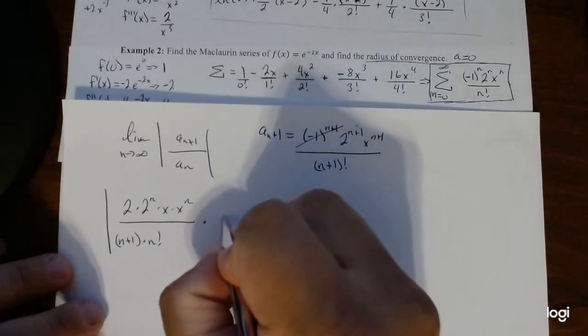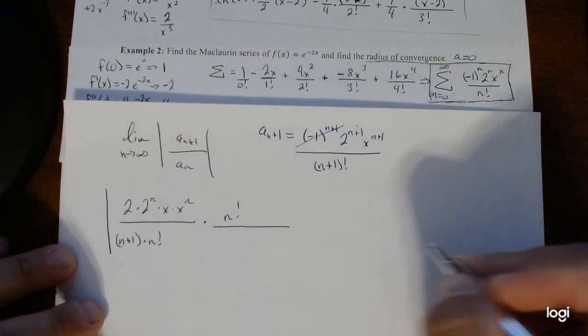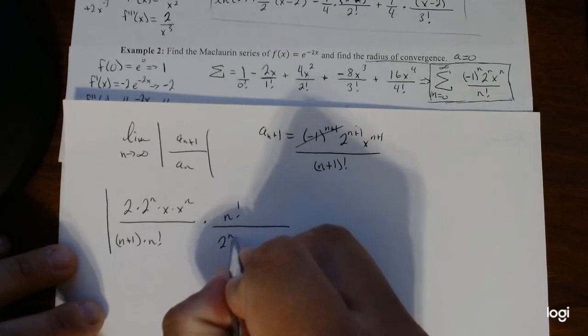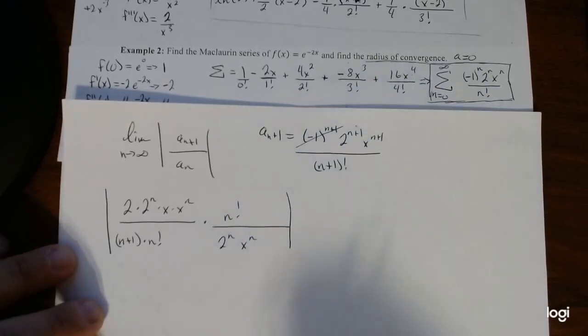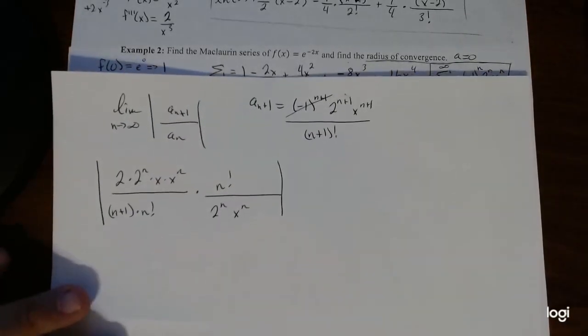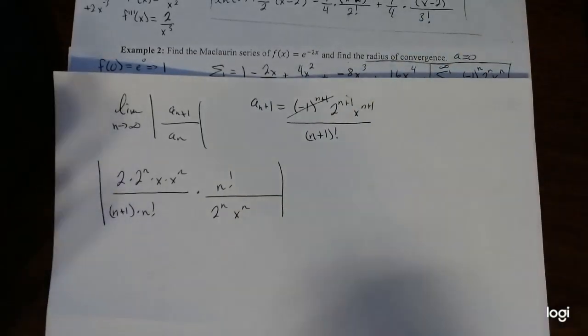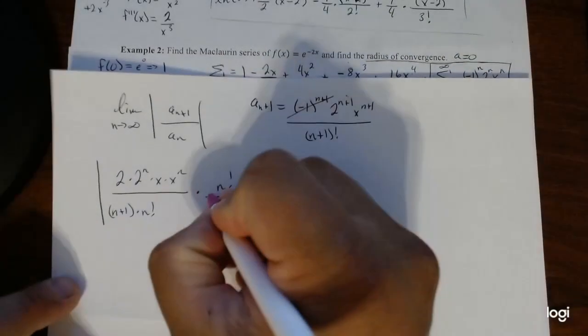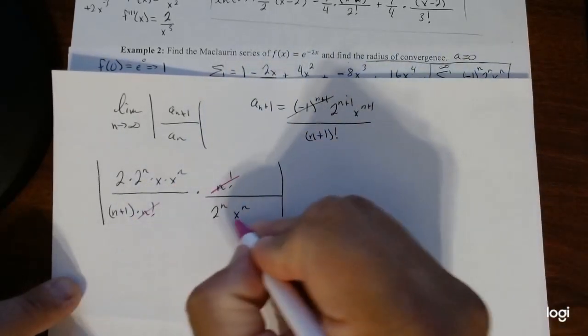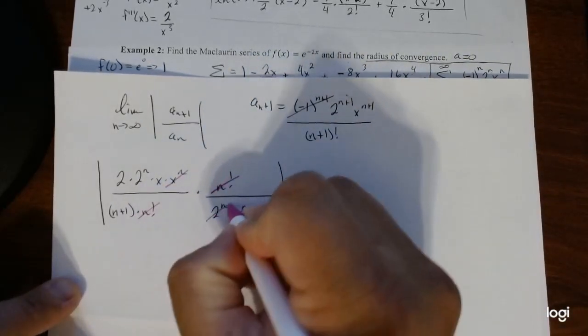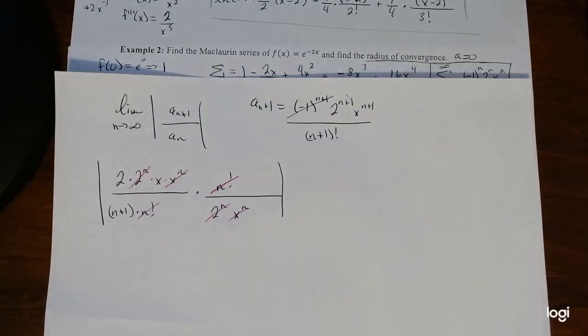I'll skip that initial step. At this point, we just simplify as best we can. Notice the n factorials cancel, the x to the n's cancel, the 2 to the n's cancel, and there we go.